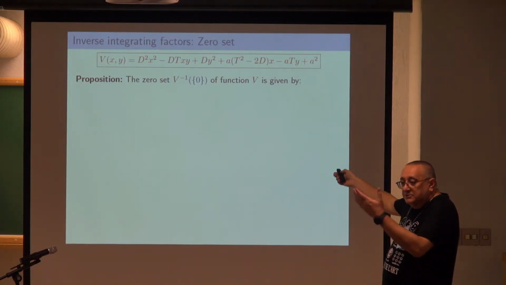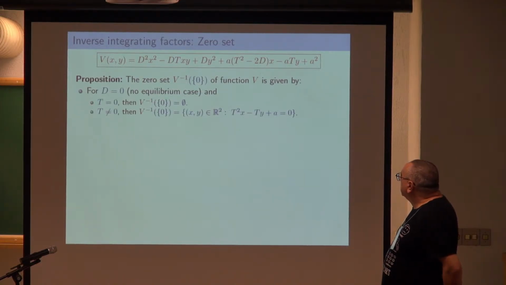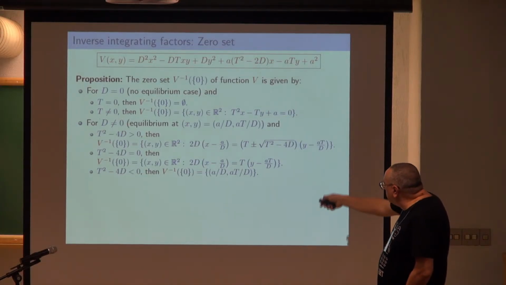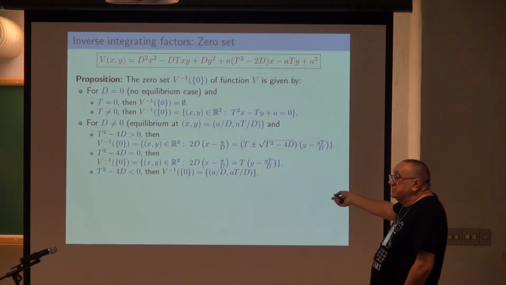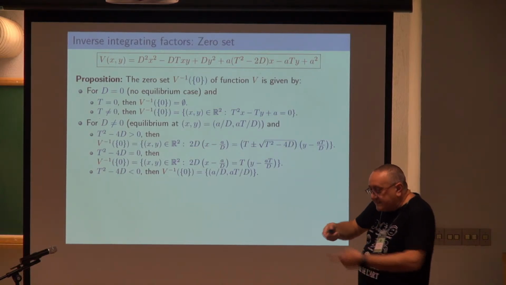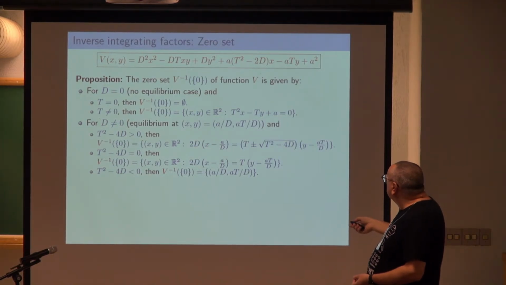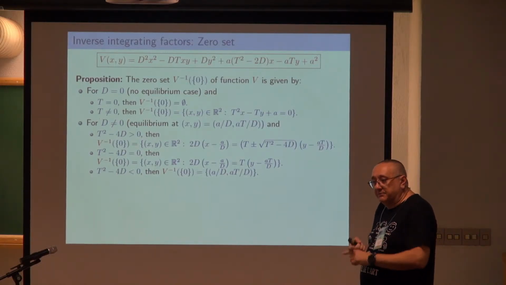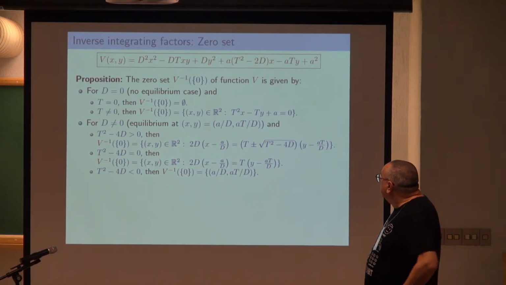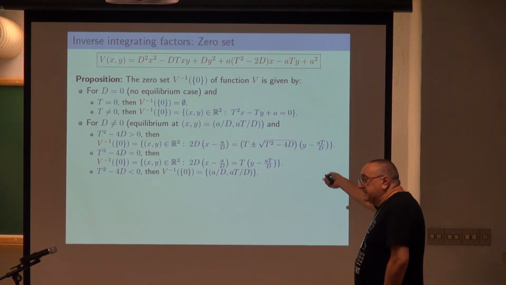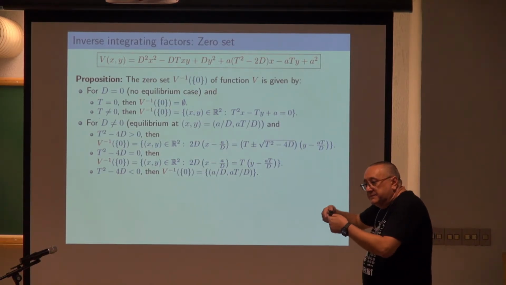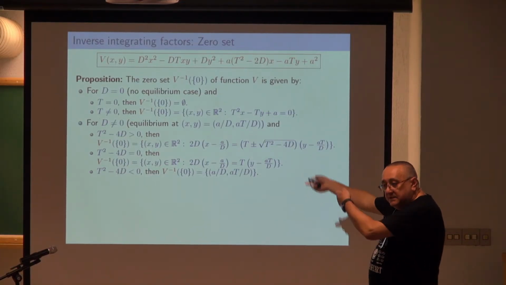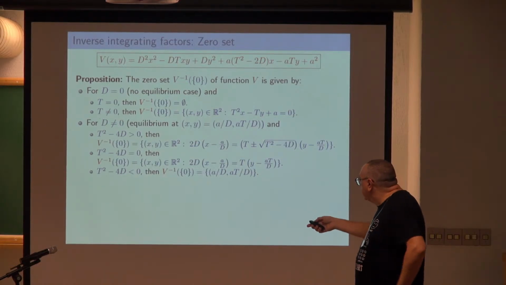Okay, you want to study the zero set. I'm not going to stop in all the cases, but let me tell you that if you have, for instance, a saddle, then the zero set will be exactly the 2 invariant manifolds of the saddle. If you have a degenerate case, then the invariant straight line of this degenerate case also appears here.